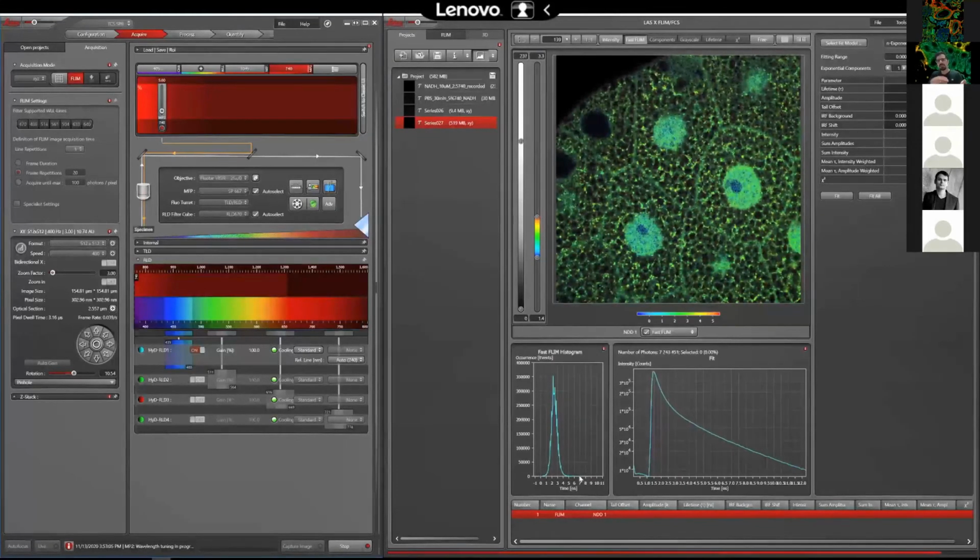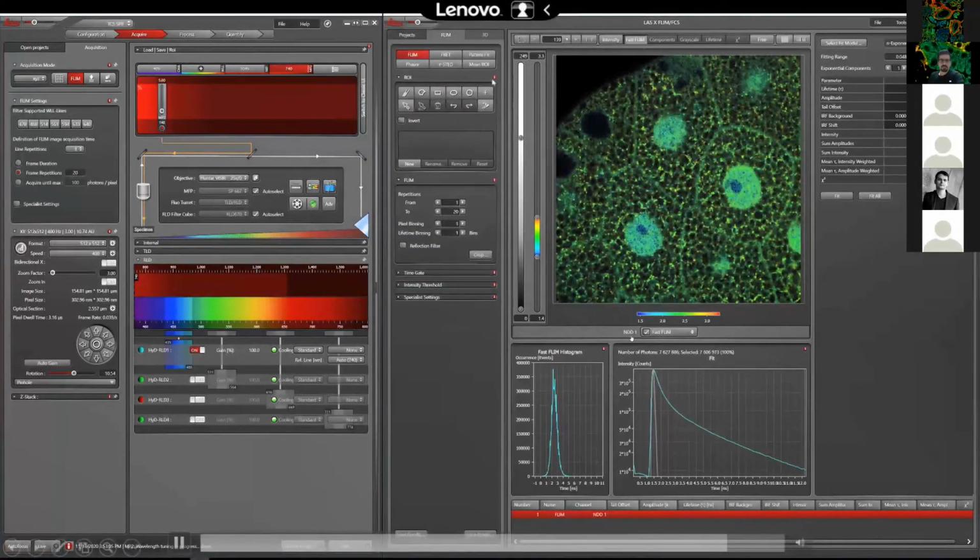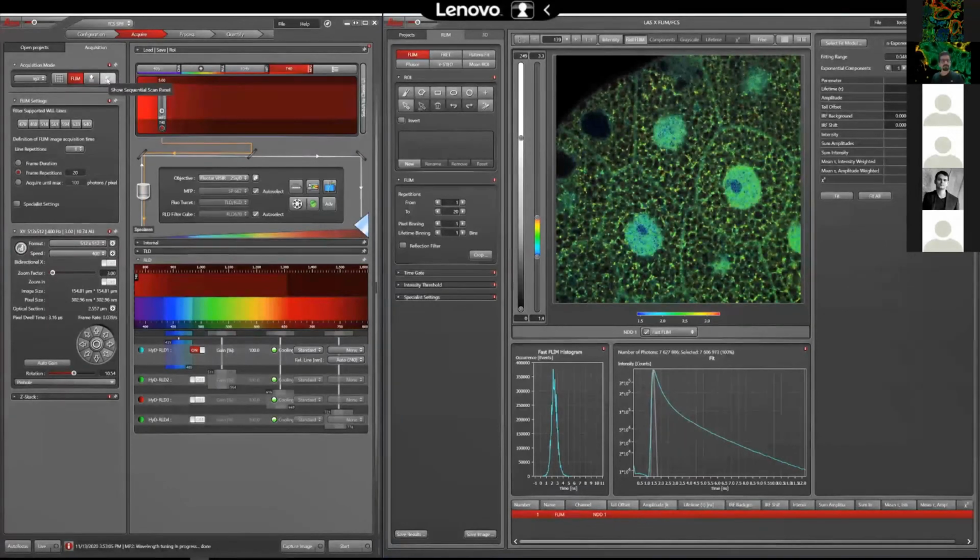It's averaging out, but in the lifetime image that we are seeing, it's accumulating everything on top of each other. So now we can see the clean decay curve in the whole field of view that has been acquired. And then we need to check this one for the analysis, for the 1 or 2 component analysis. That's what I've been showing a little bit just before coming back to the office.